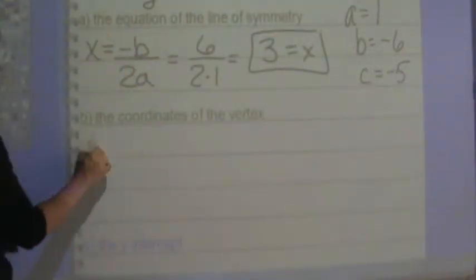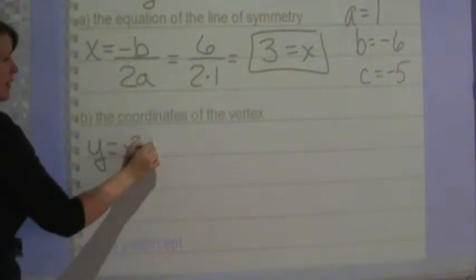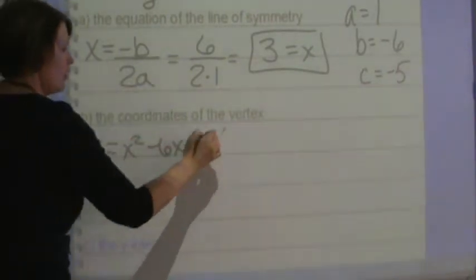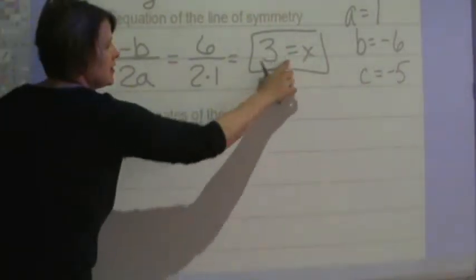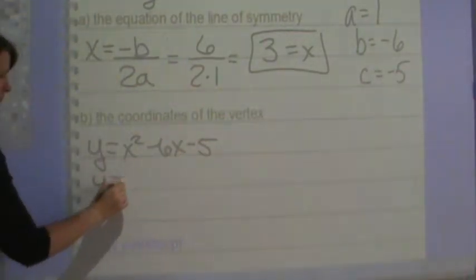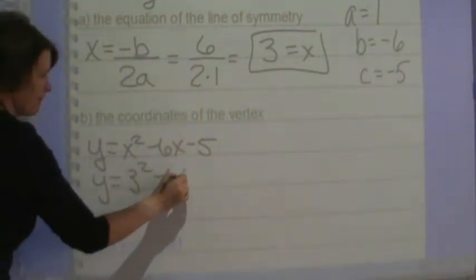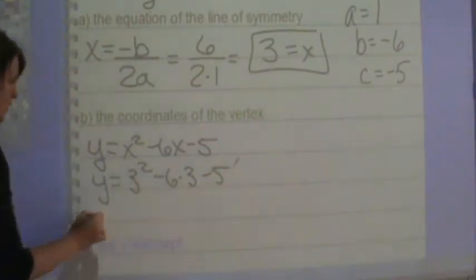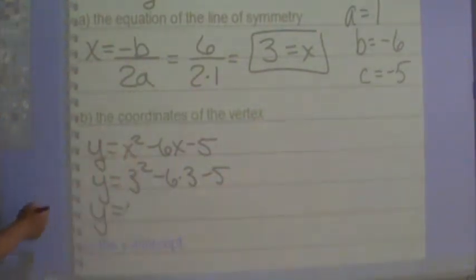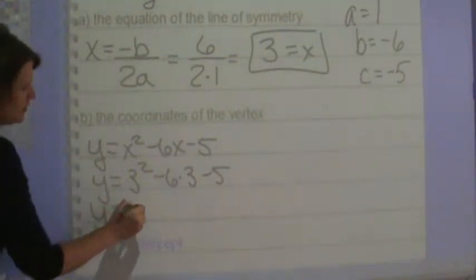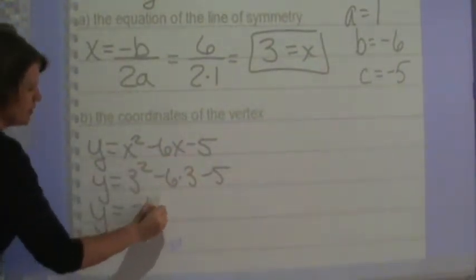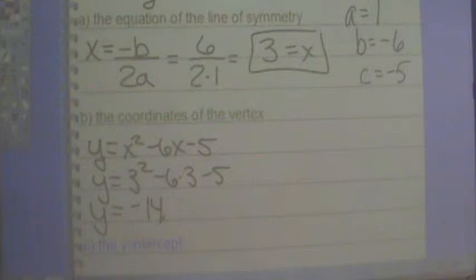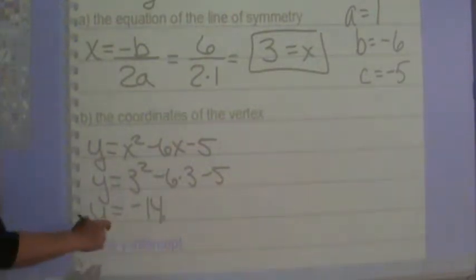Then I take my original equation, and wherever there's an x, I replace it with 3. 3 squared is 9, 9 minus 18 is negative 9, minus 5 is negative 14.